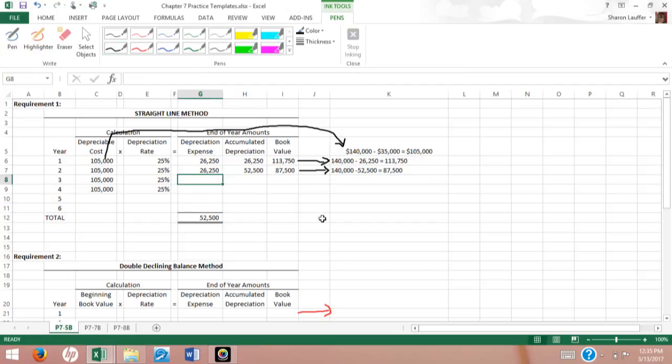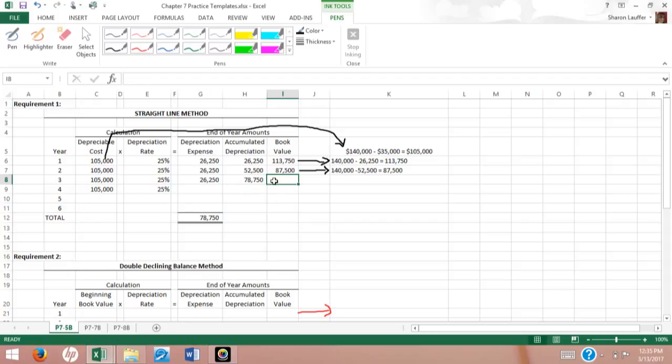All right, on to year 3. You're going to multiply across. You're going to get the same amount of depreciation. So again, our accumulated depreciation is going to be the balance in the previous year plus what we took this year. So $52,500 plus $26,250 gives us $78,750.